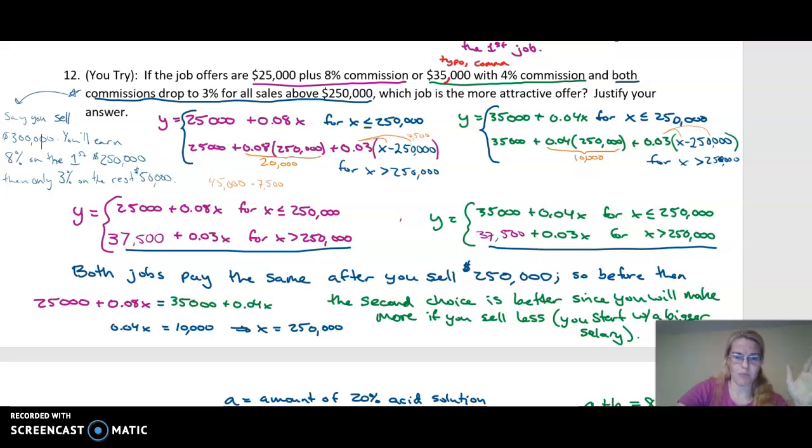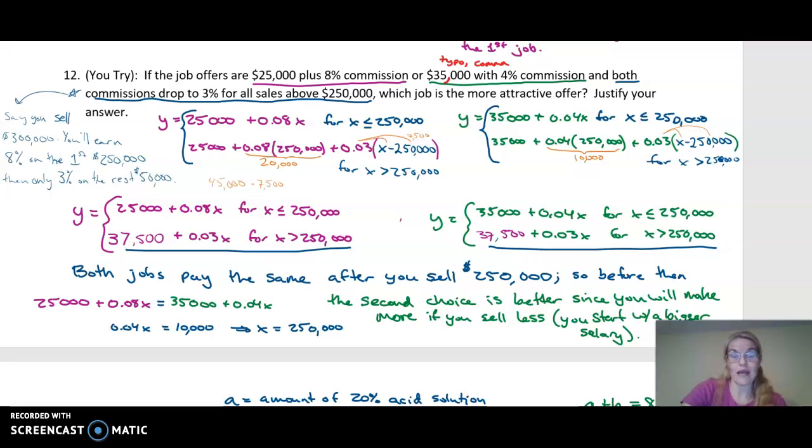Okay, so let's think job purple. Let's say you sell $300,000 worth of real estate. So your X would be $300,000. You're going to earn 8% on the first $250,000 of that sales, because that's what you're guaranteed, right? So if you sell more than $250,000, you've got your base salary plus 8% of the first $250,000 of your sales, and then plus 3% of, well, they're not going to give you 3% of all $300,000, right?